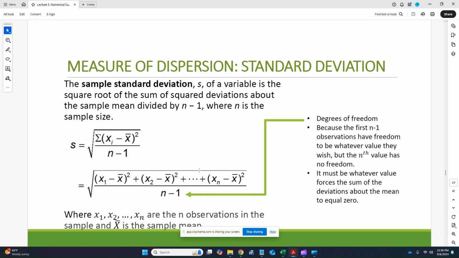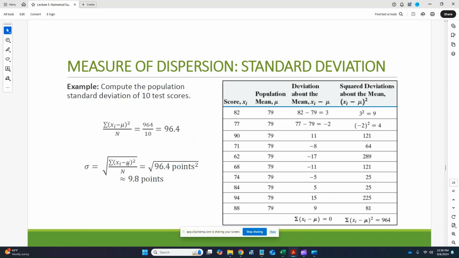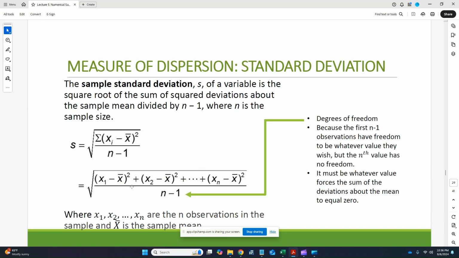Let me show you in the slide. So for sample standard deviation, we have this formula where you divide by the number of observations minus 1. But for the population standard deviation, you divide just by the number of observations in the population. Why is that? Because in the sample, you are using x bar, or the mean.